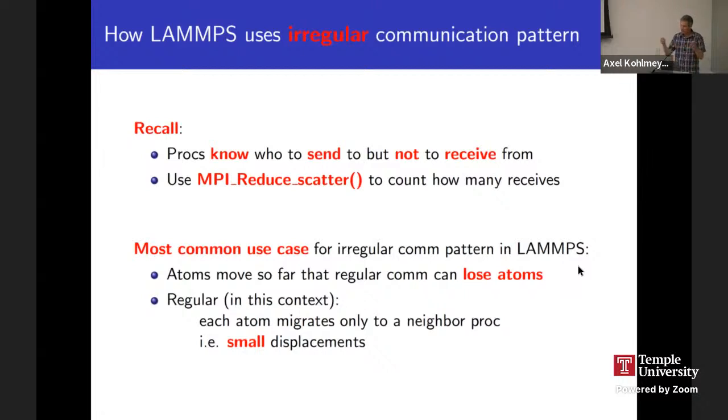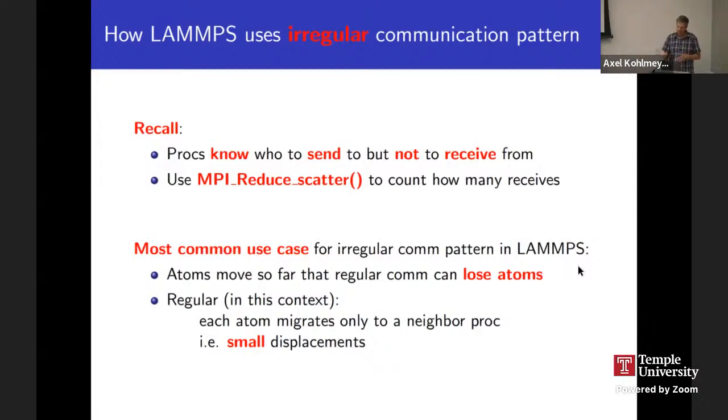But if things migrate too far beyond one processor away, and this happens sometimes when you run a simulation with a bad force field or parameterization, atoms get too close and the system blows up and an atom goes out to infinity or somewhere at the other side of the box, LAMMPS will give you an error, I've lost atoms, and that's what's happening in this case.